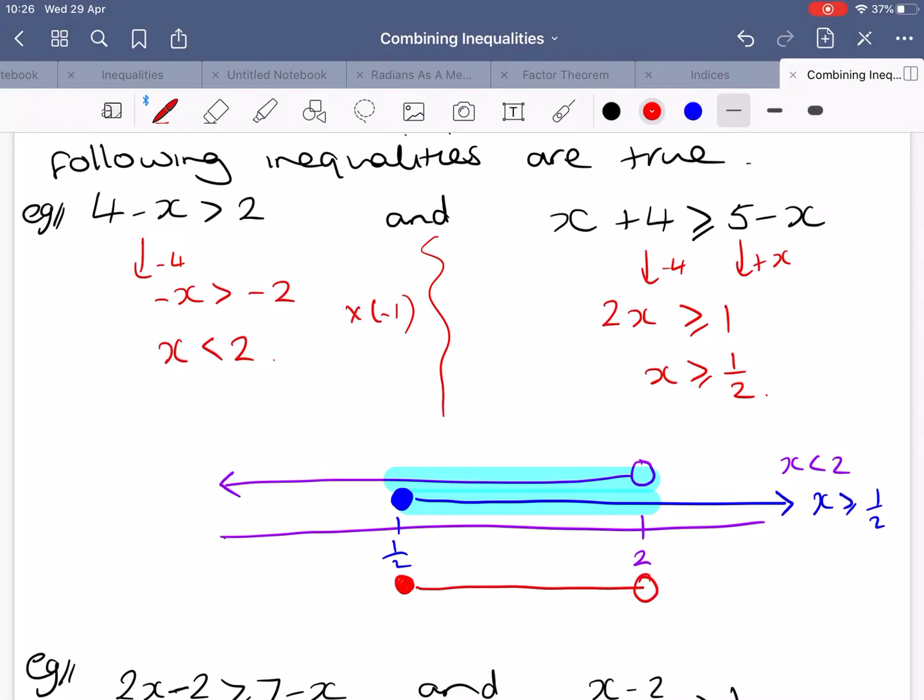That's the region where both of these inequalities are true. The way I would write that is, my x is going between a half and 2. So I'll write a half is less than or equal to x, because it's a solid circle, is less than 2, because it's the empty circle. And that's the region when both inequalities are true.